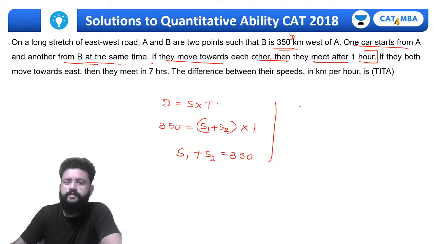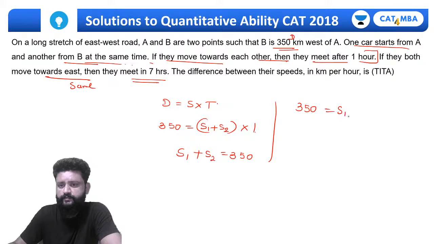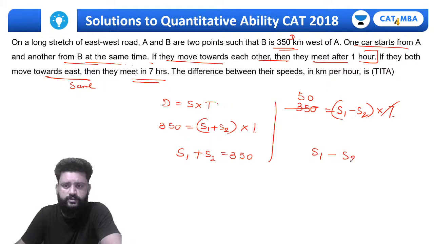The next one, 350 kilometers, if both move towards east, meaning in the same direction, 7 hours. S1 minus S2 times 7 is 350, so S1 minus S2 is 50. Get it as equation 2.